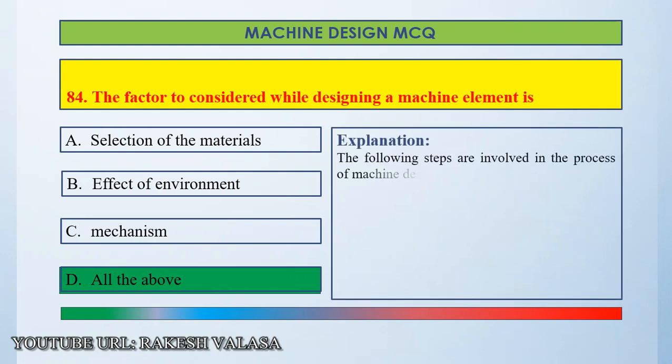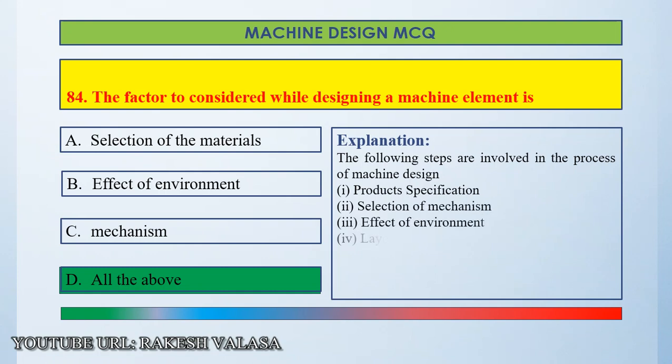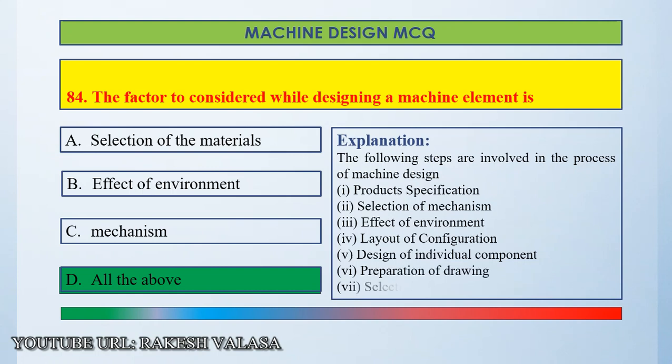The following steps are involved in the process of machine design: first, product specification; second, selection of mechanism; third, effect of environment; fourth, layout of configuration; fifth, design of individual component; sixth, preparation of drawing; seventh, selection of materials. So the correct answer is option D, all the above.